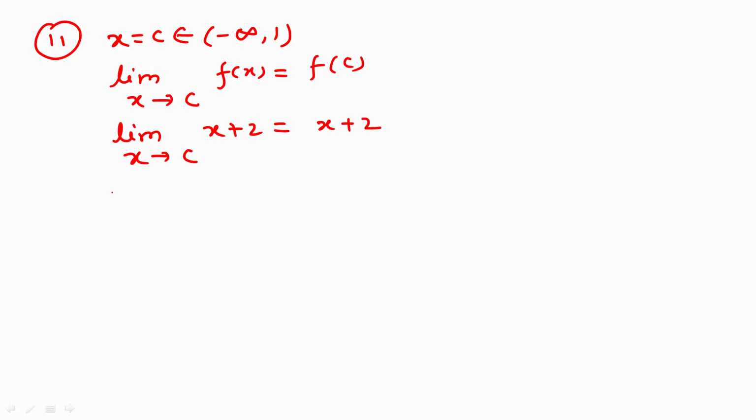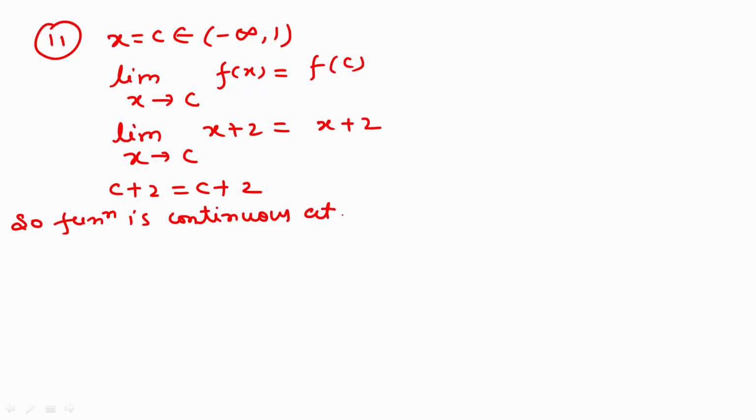On taking limit, c plus 2 is equal to c plus 2, so function is continuous at open interval minus infinity to 1. Function is continuous at x is equal to c, and c belongs to open interval minus infinity to 1.